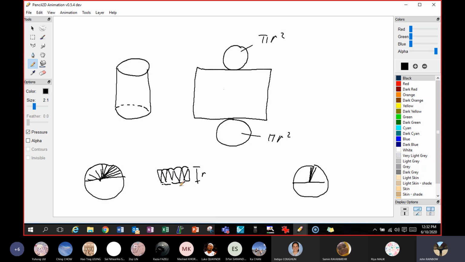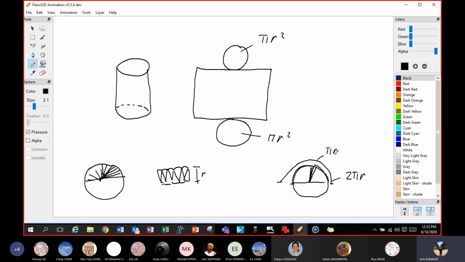Now, you know that this height is the radius. What is the dimension of this? Well, if you cut it really small, that would be half of the circumference. What is the circumference of a full circle? It's 2 pi r. Half of that would be pi r.